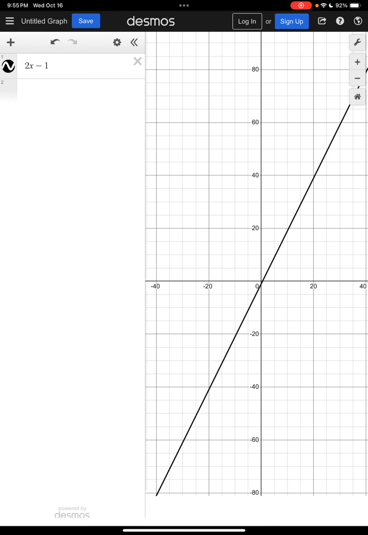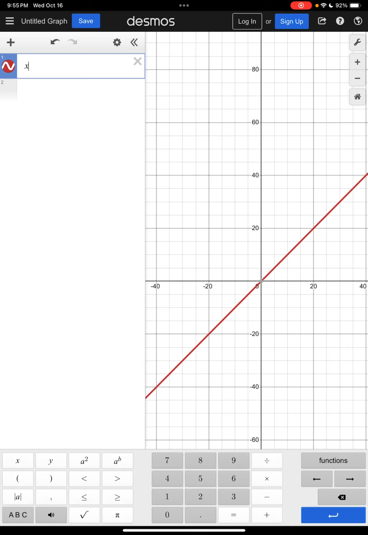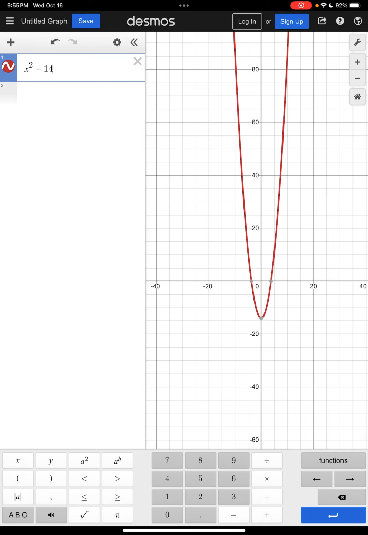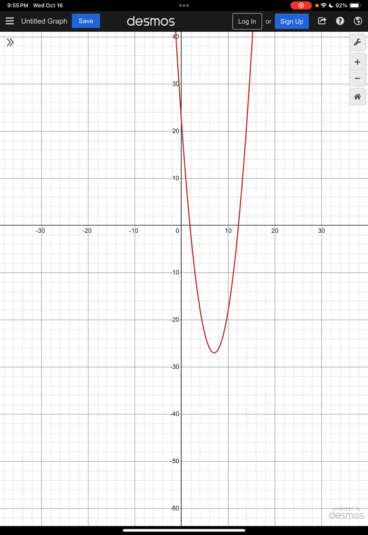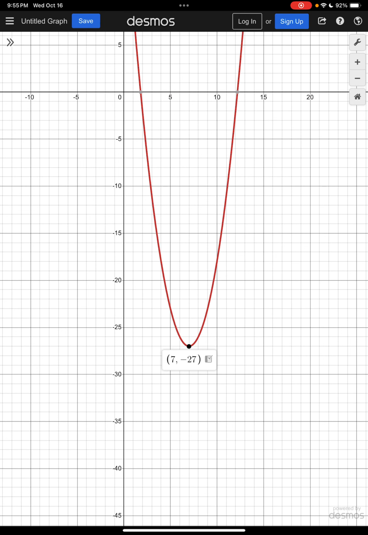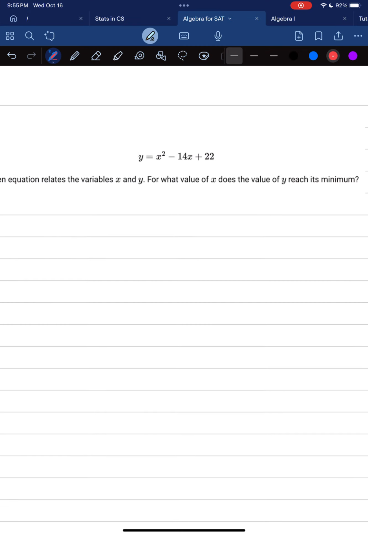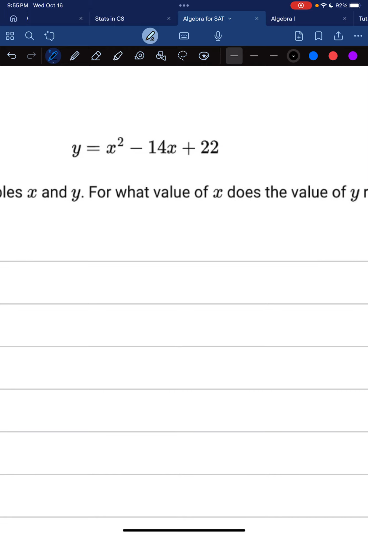So this is x squared minus 14x plus 22. You can see that this is a parabola and the minimum is at its vertex. The x value for the vertex is 7 and the y value for the vertex, or the minimum, is negative 27. They're asking for the x value, so that's going to be x equals 7.